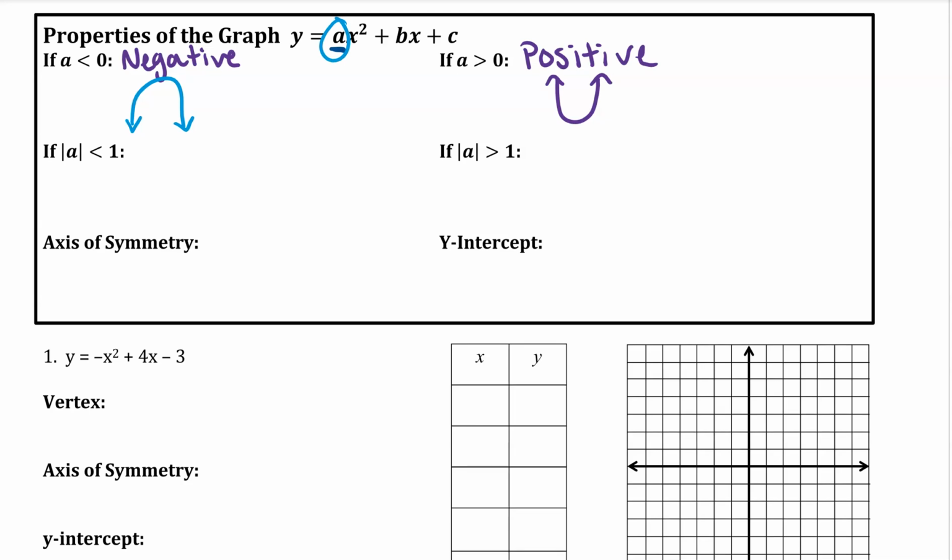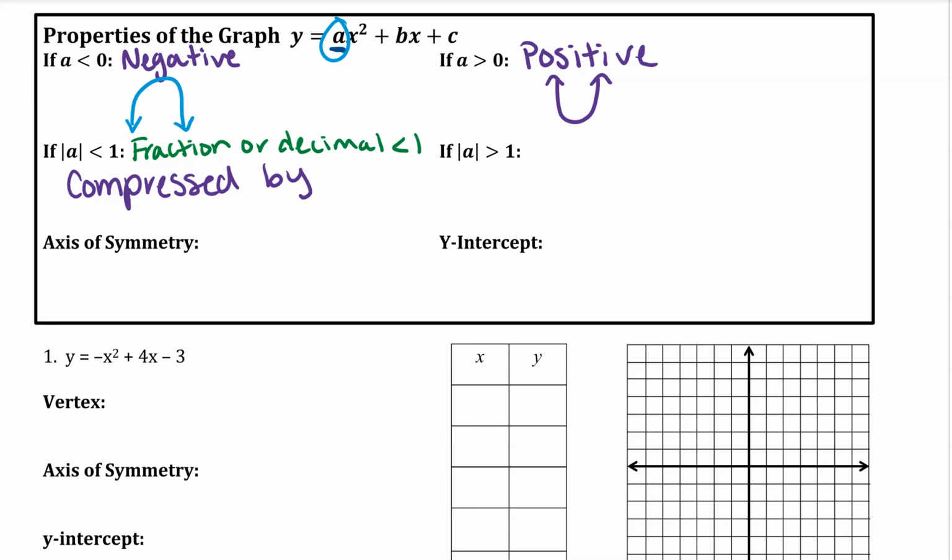Then if the absolute value of A is less than 1, so that means that we're talking about a fraction or decimal less than 1, what that means is that my graph is being compressed, so it's going to be kind of getting smashed.